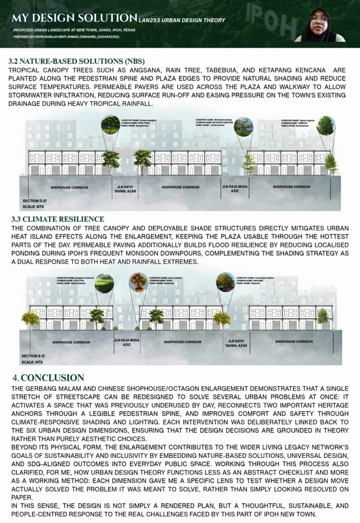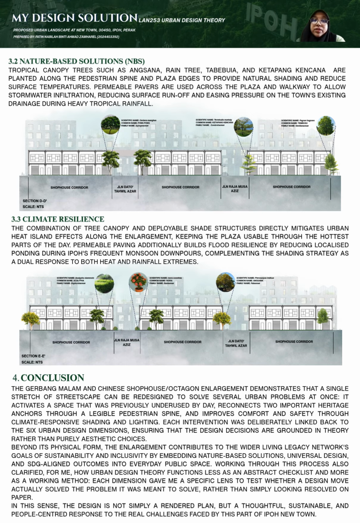For the nature-based solution, I selected tropical tree species such as angsana, rain tree, tabebuia, and ketapang. These trees provide natural shade, reduce surface temperatures, and improve pedestrian comfort. I also use permeable pavers, which allow rainwater to infiltrate into the ground instead of flowing directly into drains.